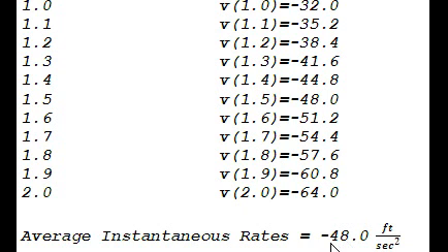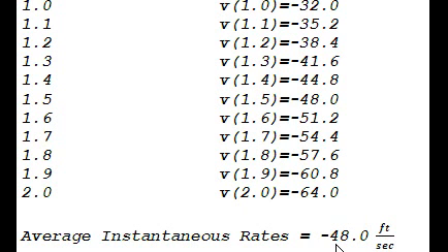And we end up with something quite interesting. We end up with the average of this data here being negative 48 feet per second. Hold on. Okay. Anyway, we end up with an average of negative 48 feet per second.